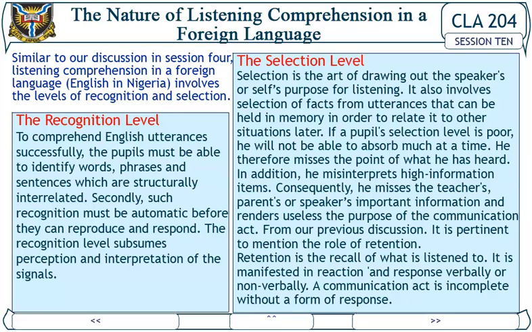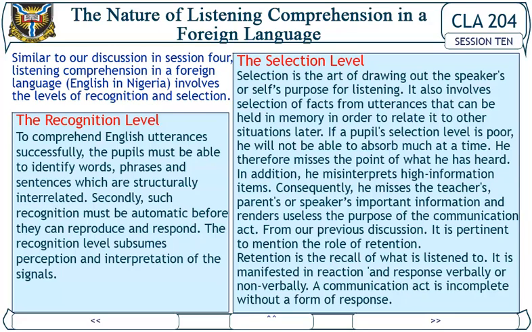The selection level. Selection is the art of drawing out the speaker's or self's purpose for listening. It also involves selection of facts from utterances that can be held in memory in order to relate them to other situations later. If a pupil's selection level is poor, he will not be able to absorb much at a time.